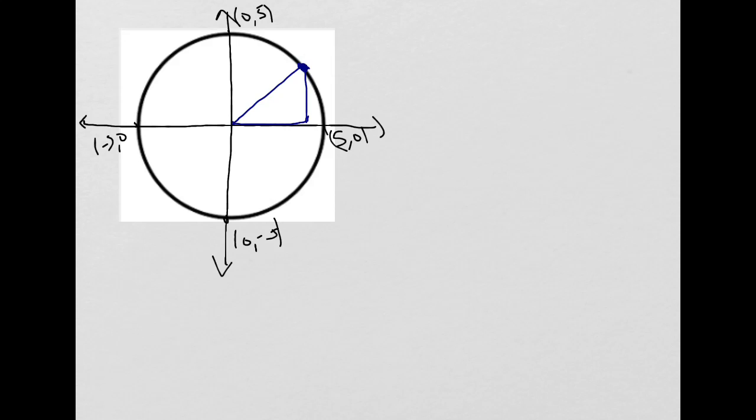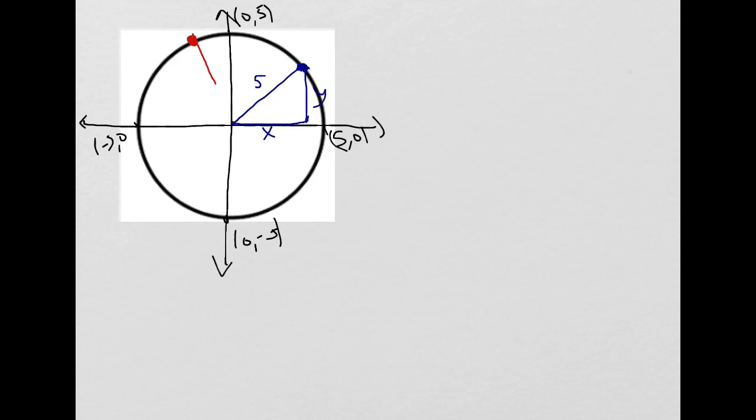So, what I want you to notice, on that blue triangle that I drew, this length is the radius, it's 5, and then this is my x value for that particular spot right here, who knows what it is, and this is the y value, that length on that triangle. So, let's come over here. Let's pick a point there. I'm going to pick any point anywhere on this circle.